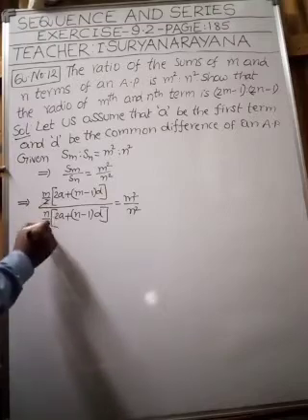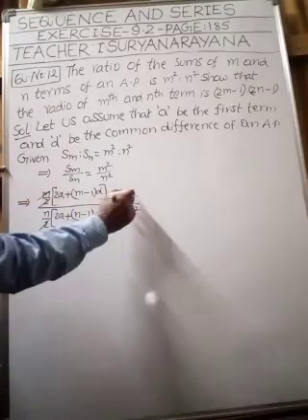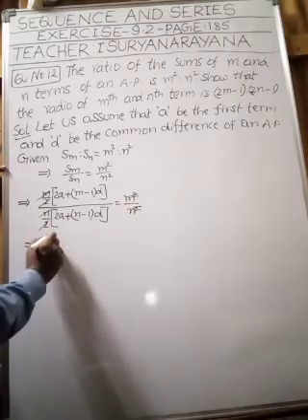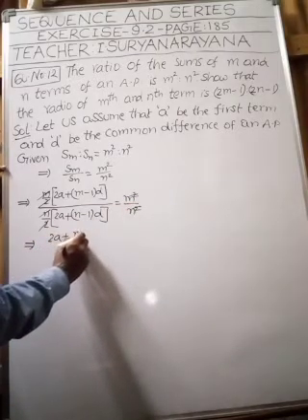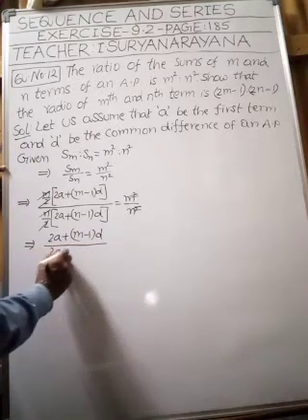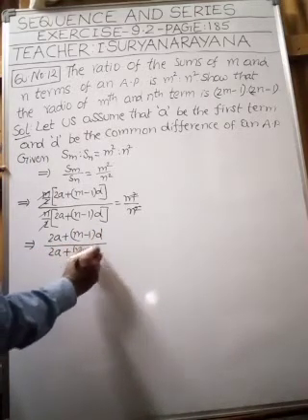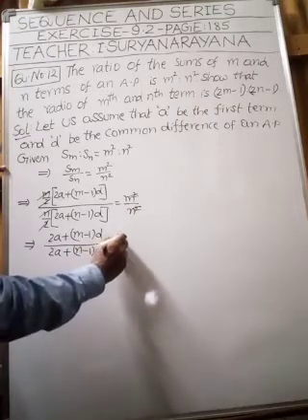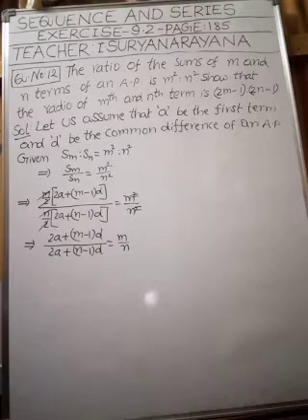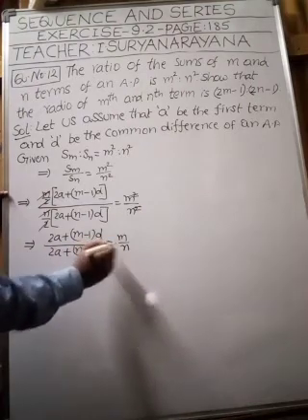Here 2 gets cancelled. Here m gets cancelled. Here n gets cancelled. Then what will you get? 2a plus m minus 1 into d by 2a plus n minus 1 into d is equal to m by n. Okay, my children, understood this step? Right. Now let us take cross multiplication.